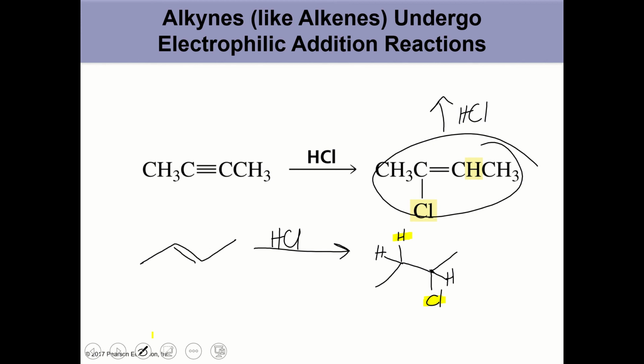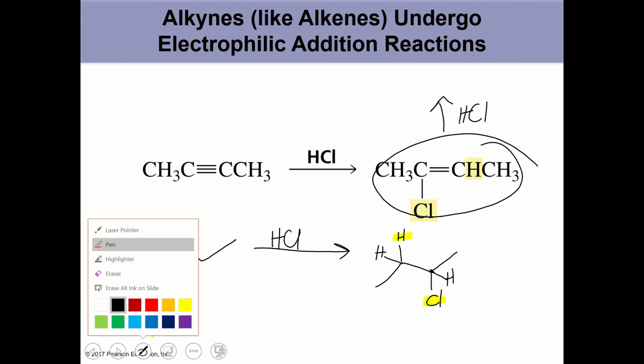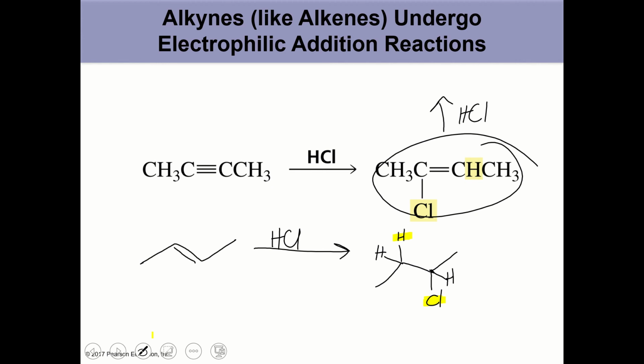So in the first step, we form a carbocation. We add hydrogen, and then we add the chloride. Now the hydrogen is going to go to the sp2 carbon of the pi bond that has more hydrogens. So this hydrogen, highlighted in orange, is going to add to this orange carbon because it has more bonds to hydrogen.